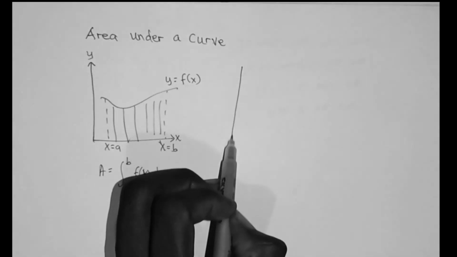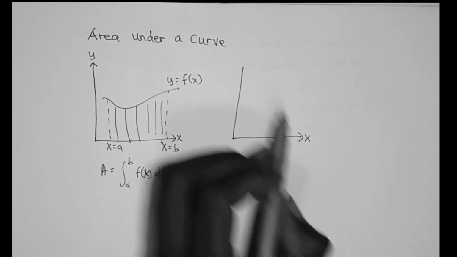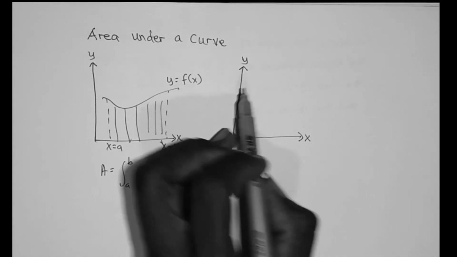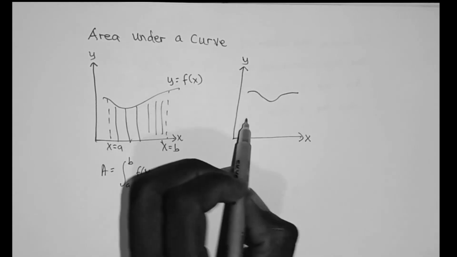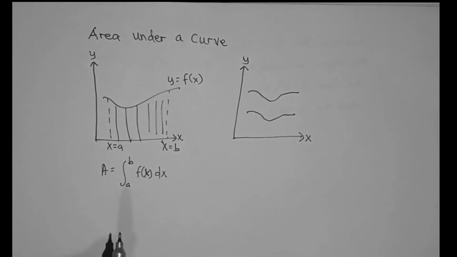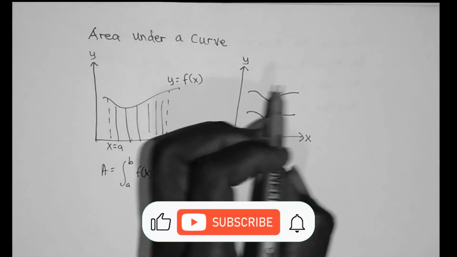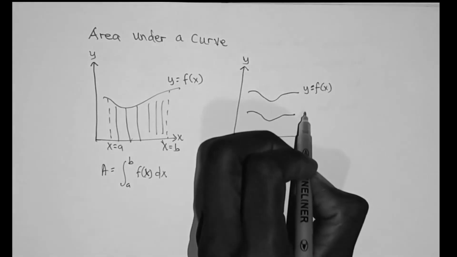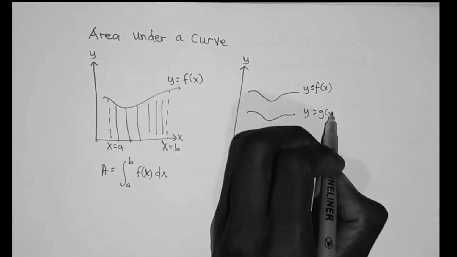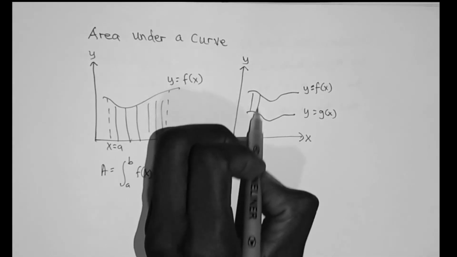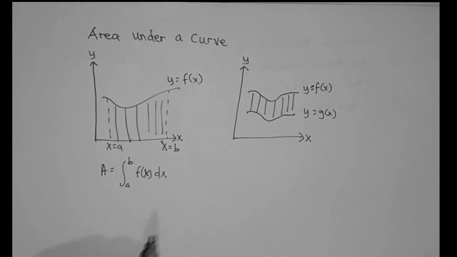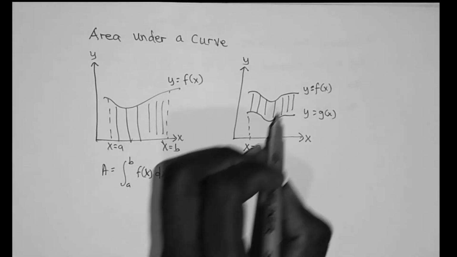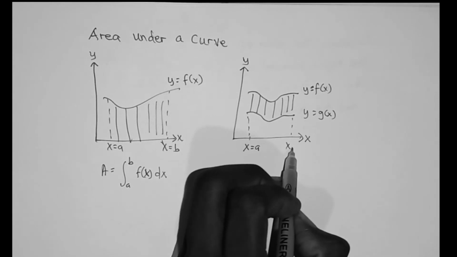What if, in the Cartesian plane, the curves that were given are two curves? Maybe for example these two curves, where we have y equals f of x and then y equals g of x. What is the area between these two curves, assuming that it starts at x equals a to x equals b?